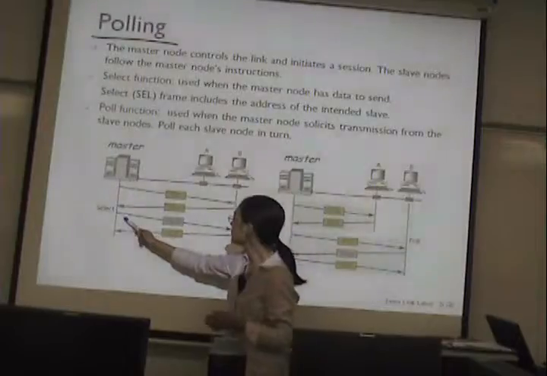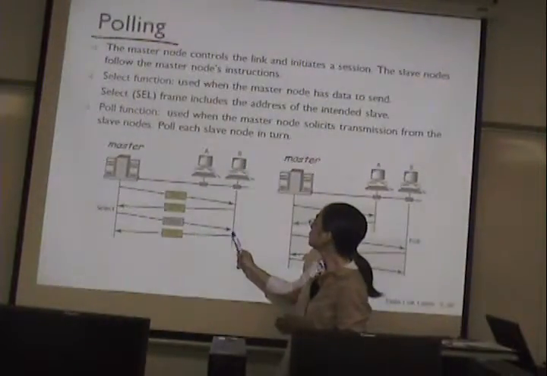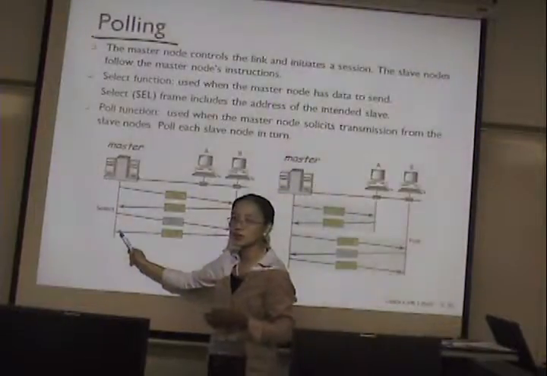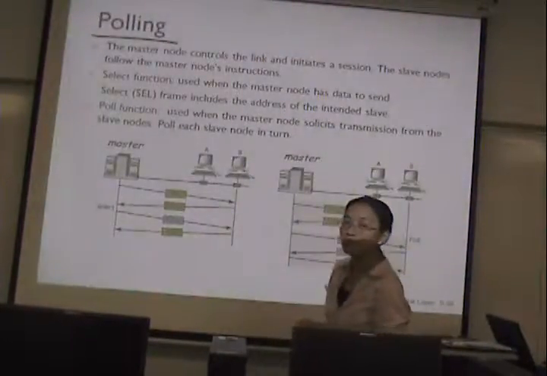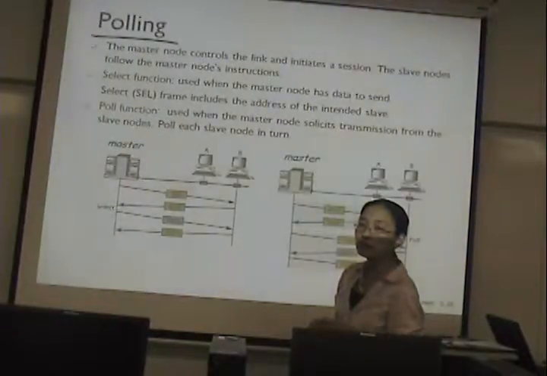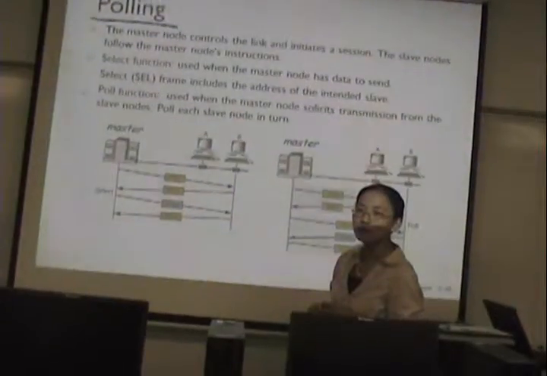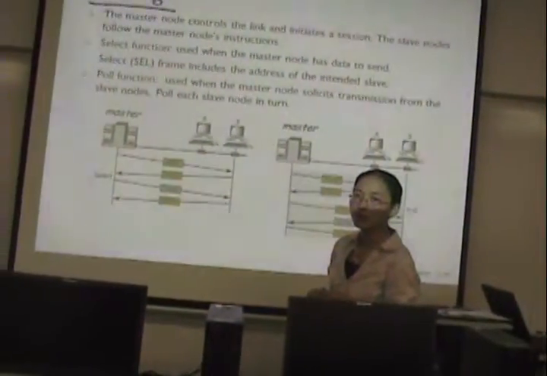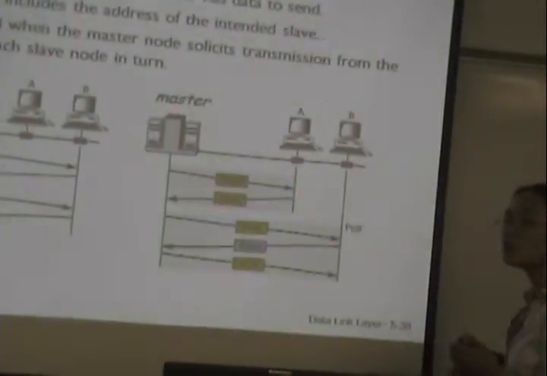Then the master will send the data. After successfully receiving it, B will send out an acknowledgement. This is called the selection function, again used when the master has data for any slave. Now the second function is the poll function.